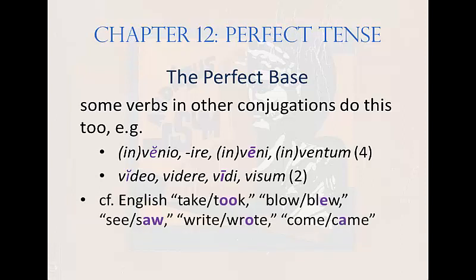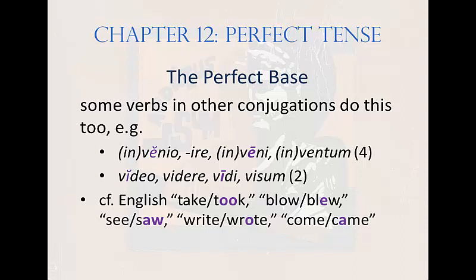As part of the Indo-European heritage we share with Latin, some English verbs demonstrate the same characteristic. Compare English present and past tense forms like take, took, blow, blew, see, saw, write, wrote, come, came. All of them very common and regularly used forms.